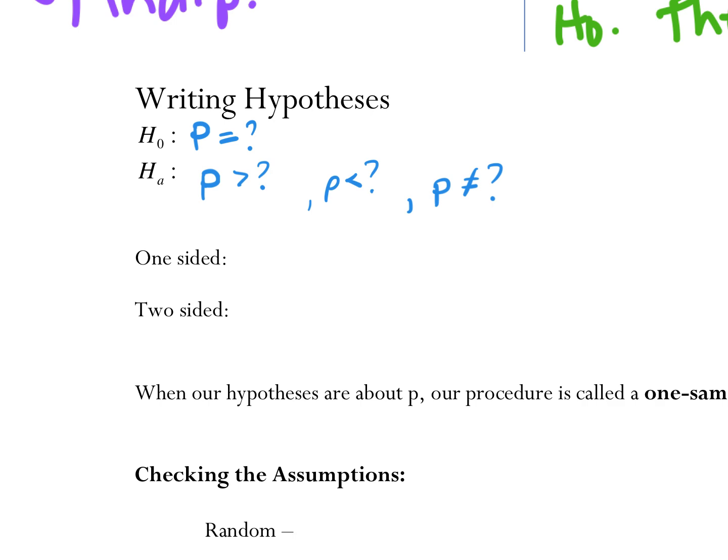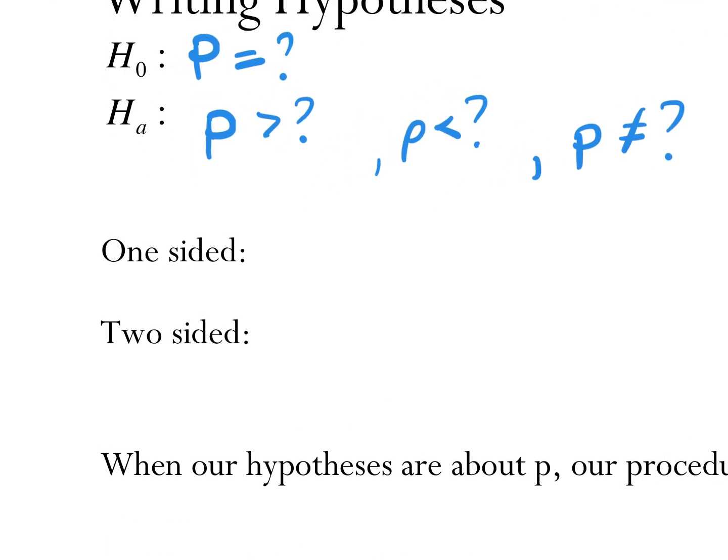Now, a one-sided test is either P is less than the question mark or P is greater than the question mark. A two-sided test is P is not equal to whatever that question mark might be.